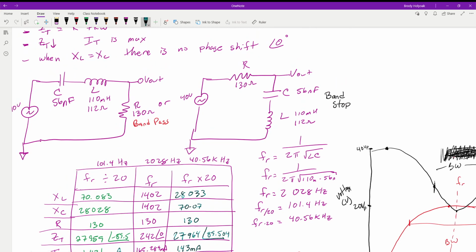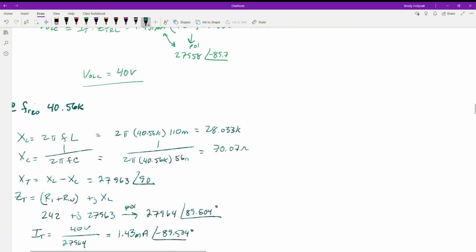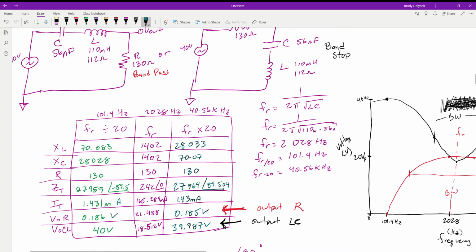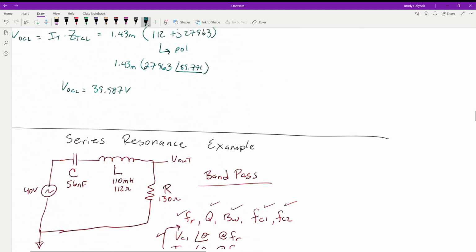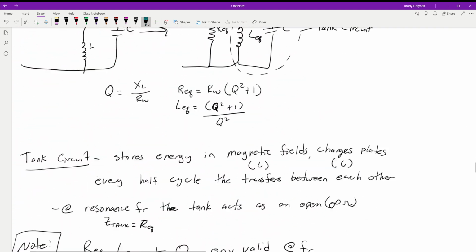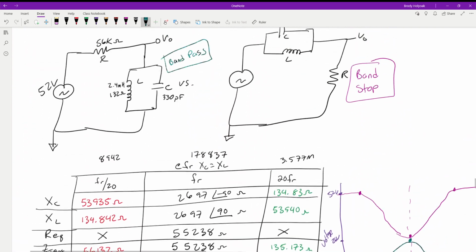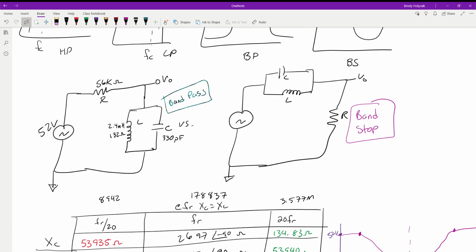Across the resistor was our band pass, where now that they're in parallel, they've shifted, and across our resistor is now our band stop, and across our reactive components, it's the band pass. Like I said, these were for the series. These are for our two parallel components.